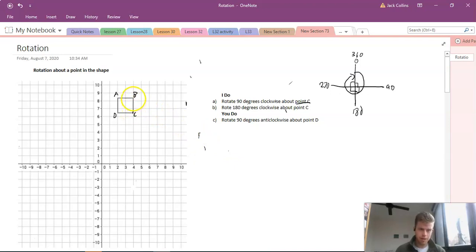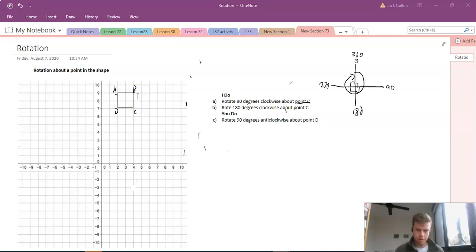So if point B is about 2 units away here, and I might actually just change that. So I've just adjusted that so that the square is in the center. So if point B is 2 squares away from C at the start, then when I rotate it, it's going to stay 2 squares away. So everything rotates in a perfect circular motion, okay?